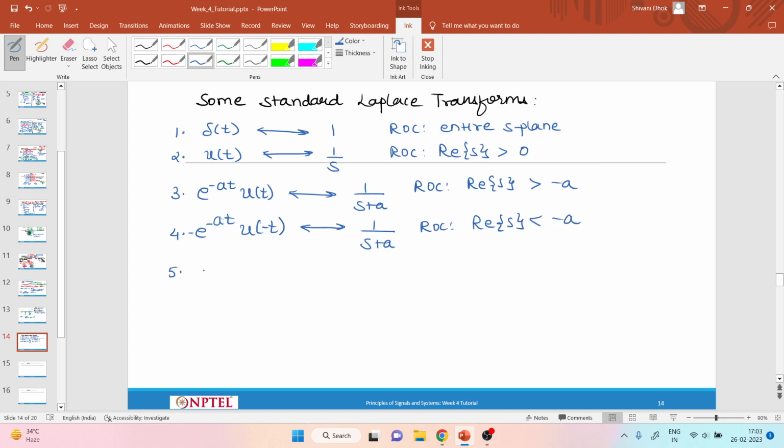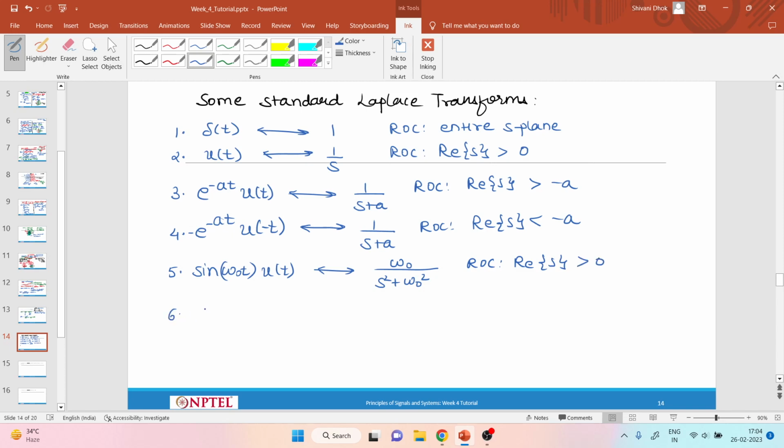The fifth one is sine omega naught t u of t. This has a Laplace transform of omega naught upon s square plus omega naught square, and its region of convergence is simply real part of s greater than 0.